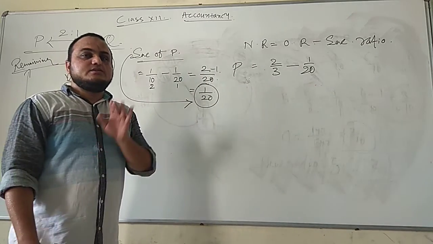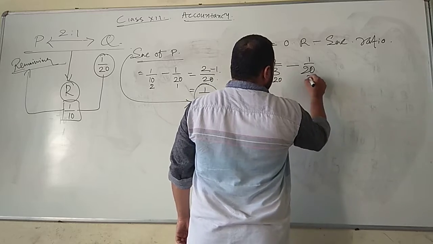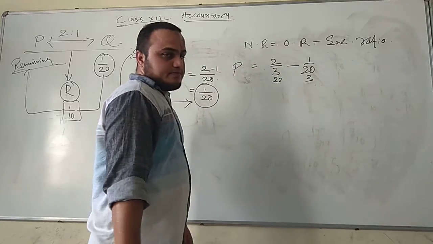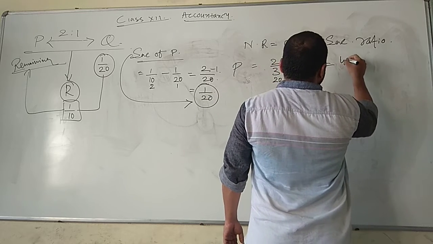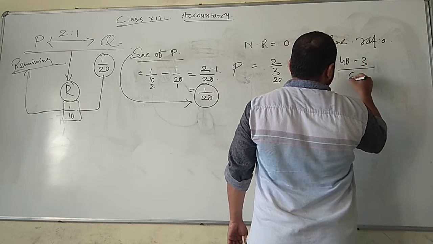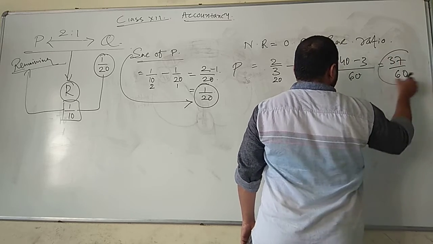Now LCM is 60, so 20 3s are 60 and 3 20s are 60. So I will do it like this: 20 2s are 40 minus 3 upon 60, that is 37/60.